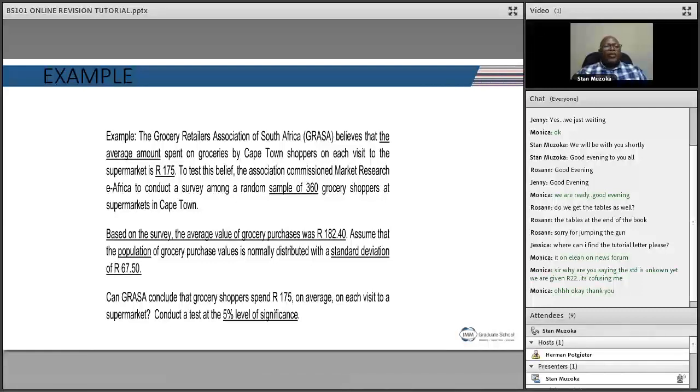Can the association conclude that grocery shoppers spend 175 Rand on average on each visit to a supermarket? Conduct a test at the 5% level of significance, and they would have told you to use a critical value of this, that.